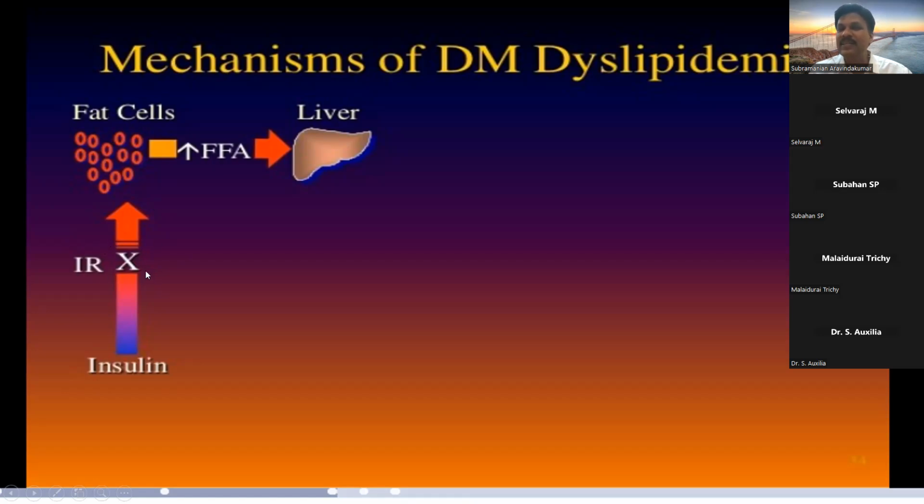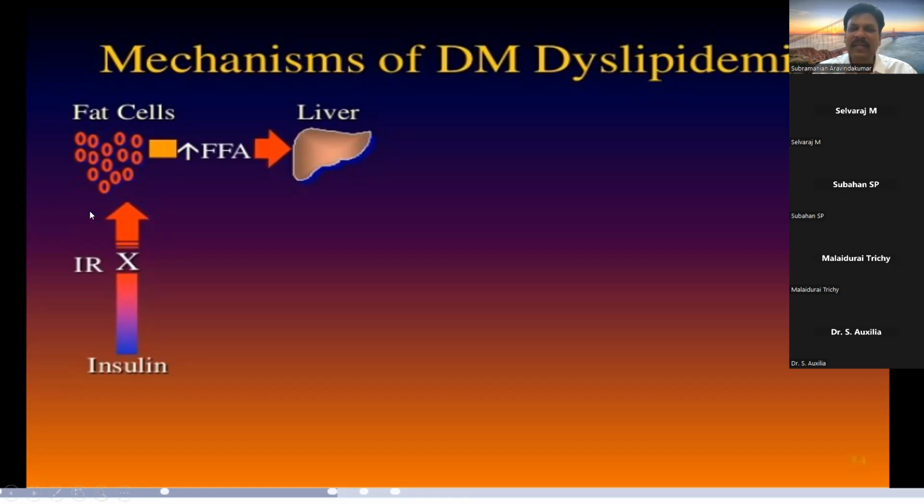Insulin resistance, as you know, causes a hyperinsulinemic state in the body. It inhibits hormone sensitive lipase, and thereby lipoprotein lipase action is affected, and this causes more free fatty acid production in the circulation, right?